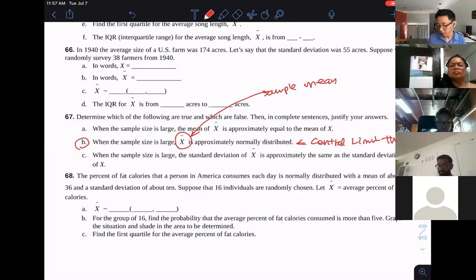This is a different topic, but let's say you go survey 30 people and ask how much money they spend on textbooks.